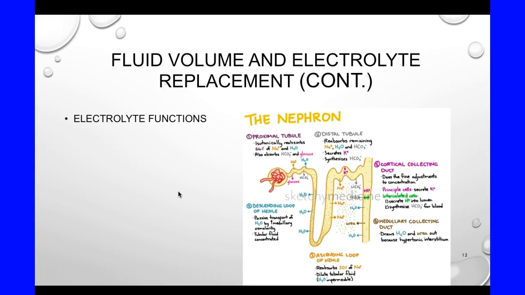So it's basically filtering all your electrolytes to make it balanced, to keep your body homeostatic, to keep it where it's supposed to go. And think of people with kidney failure, it may not function very well. That's why a lot of people with end-stage kidney failure need dialysis so it can do the job for them.